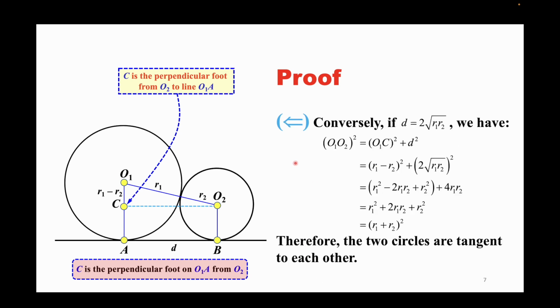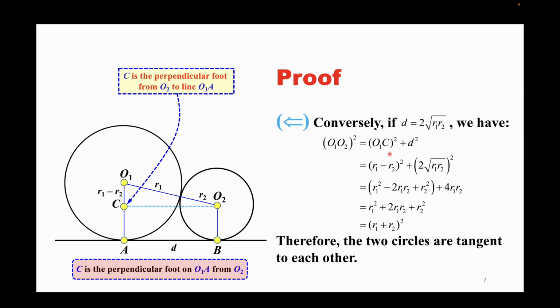So let's establish the converse. Let's assume that the distance D is equal to twice the square root of the product of R1 and R2. Again, this is a right triangle. So the square of O1O2 is equal to the square of this segment and the square of this segment, which is here.